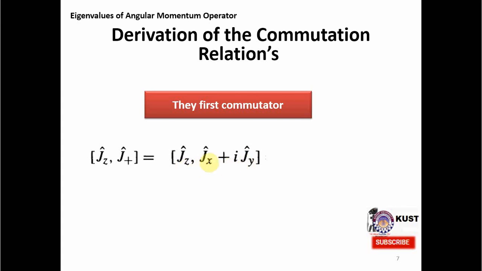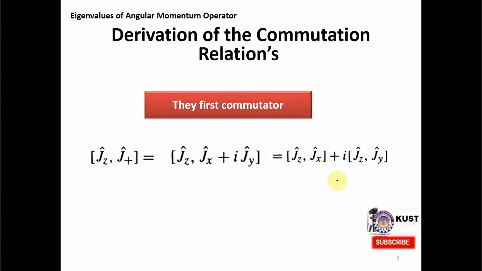Whenever we have this sort of commutation relation, Jz will commute with the Jx, and then Jz will commute with the Jy. So these are 2 commutators actually. If we write it explicitly, this is equal to the commutator of Jz with Jx, plus, and the i goes outside because it's just a constant, i times the commutator of Jz and Jy. So now we have 2 commutators, Jz and Jx, and Jz and Jy.